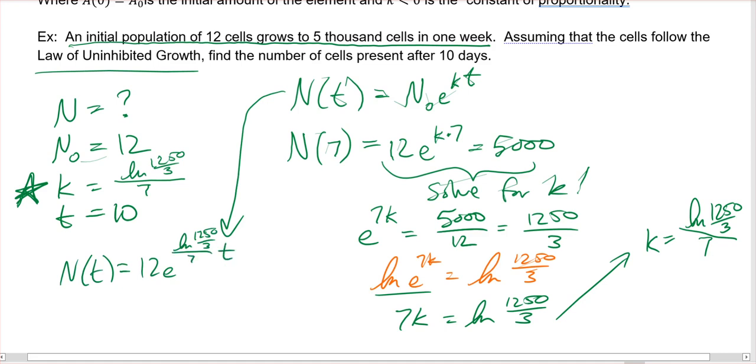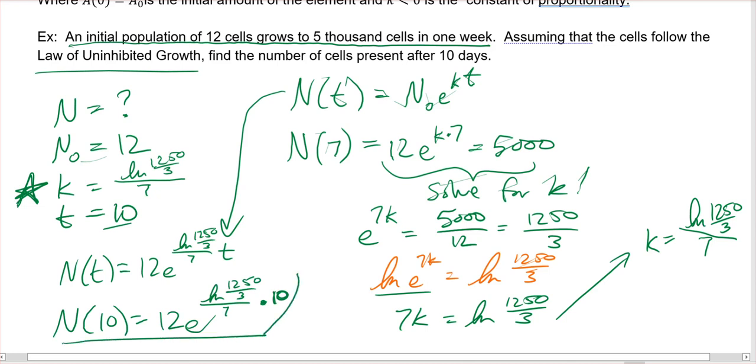And now we can find what it is after 10 days. We just put in 10. So N of 10 equals 12 times e to the exponent natural log of 1250 over 3, over 7, times 10. On an exam, this is exactly what we want in our scratch work.